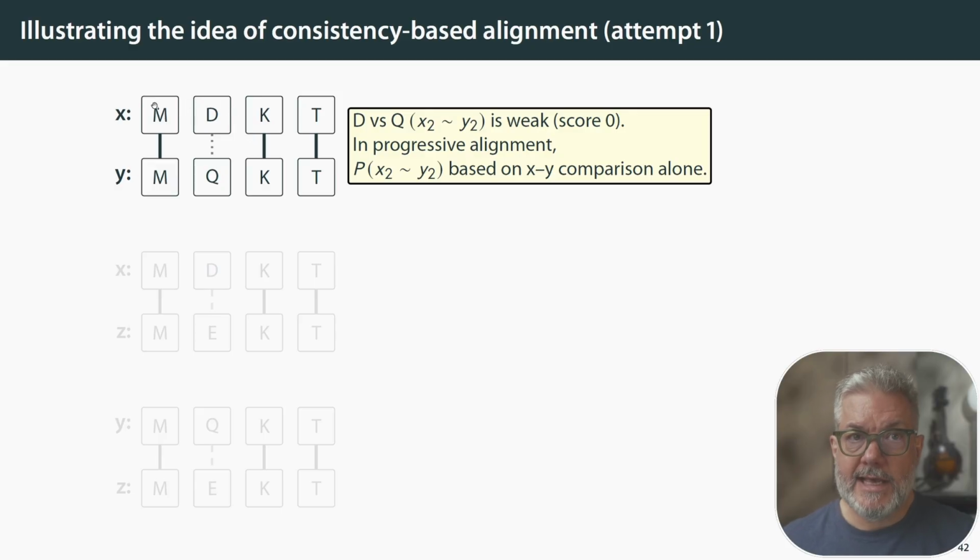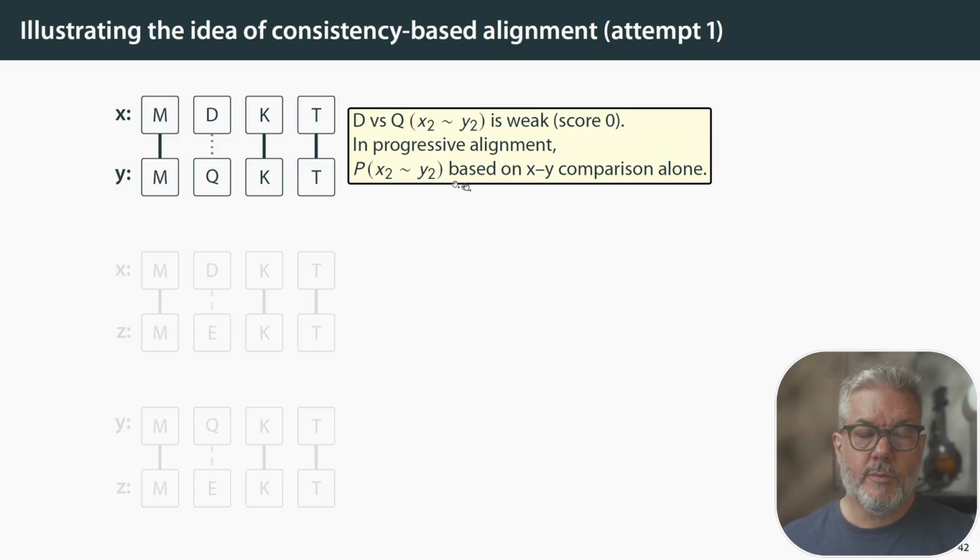We have here a sequence X, which is MDKT, and a sequence Y, MQKT. You can see they only differ at this second position, between an aspartate and a glutamine. Everywhere else, they're perfectly matched. In particular, the aspartate-glutamine, the DQ in BLOSUM, is weak. It has a score of 0.